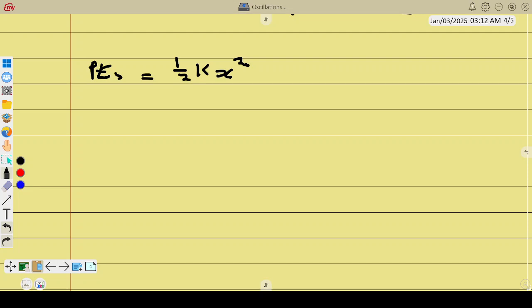So at this point, we have what is called mechanical energy. According to the law, the initial mechanical energy is equal to the final mechanical energy. So what are these?